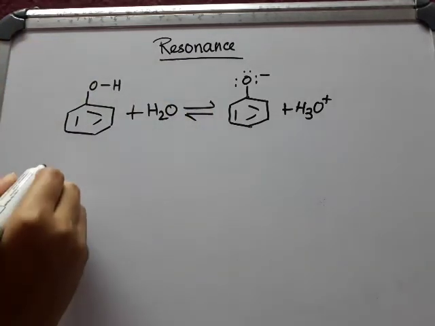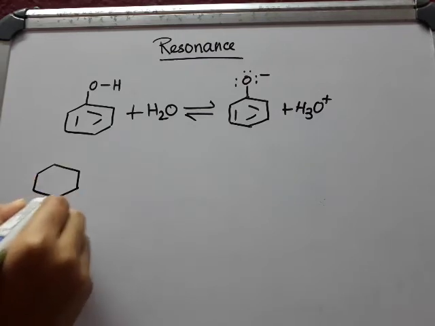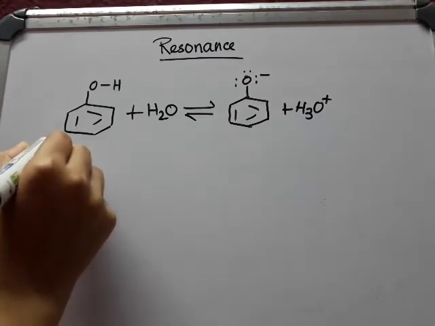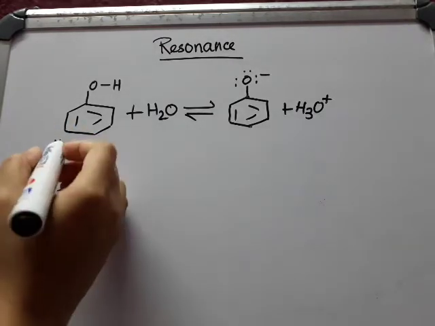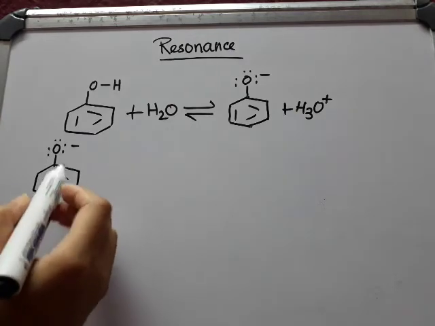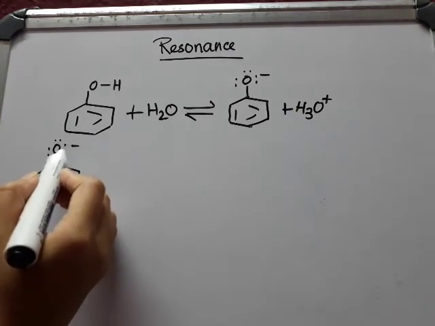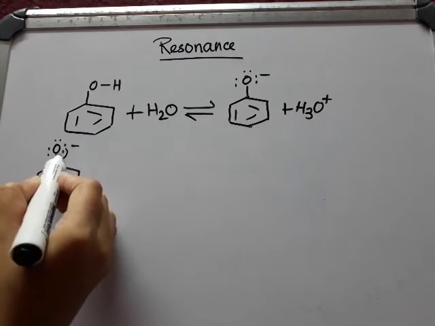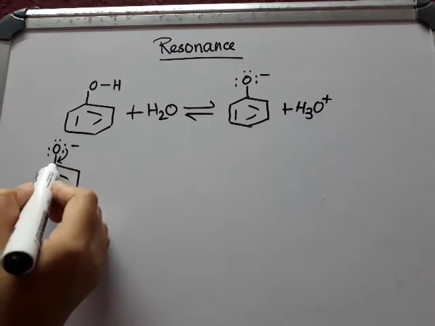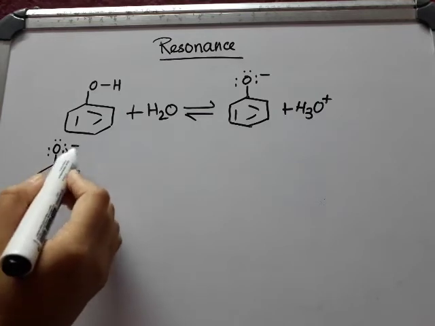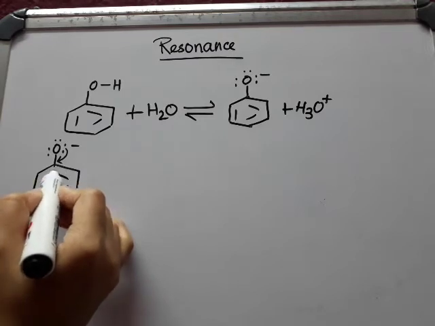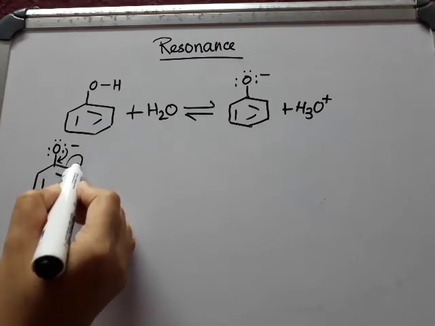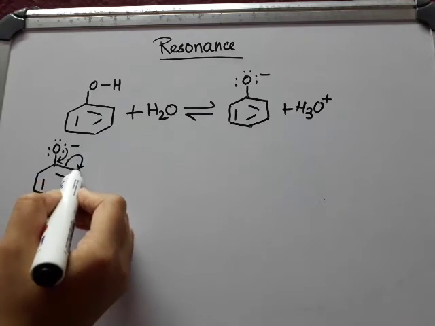How can we get this one? Suppose this one is phenoxide ion. So here are 3 lone pairs of electrons on the oxygen atom which are in conjugation with the aromatic system. So it has a negative charge. After sharing these electrons with this ring carbon atom, this negative charge is neutralized, and after formation of a bond over here, this double bond will shift and one electron pair will be there on this carbon atom, and this will be negatively charged.